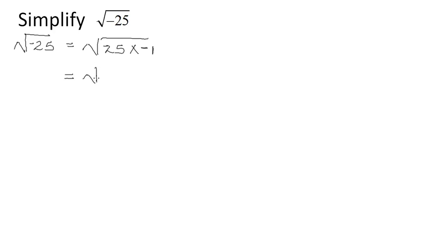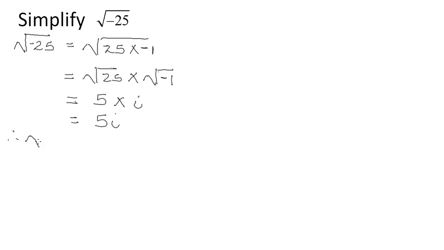We separate the roots now: the square root of 25 multiplied by the square root of negative 1. The square root of 25 is 5. Obviously, the square root of negative 1 is i, which gives you an answer of 5i.